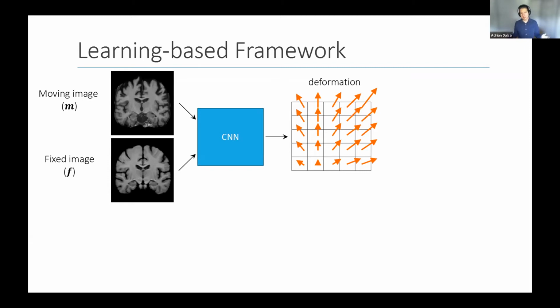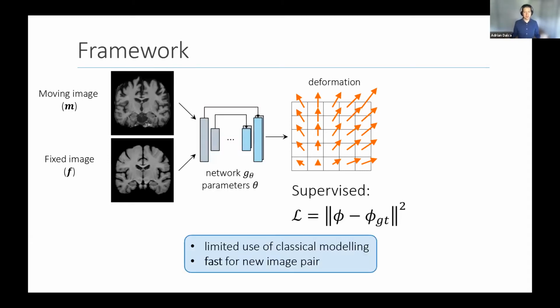So how do we train these black boxes? Well, usually we can do it in a supervised way, or at least that's how we knew how to deal with these things, right? So if we have some ground truth deformation fields, it's actually pretty easy to train one of these convolutions. We just take two images, we get the deformation field out, we say, no, this is wrong, this is what it should be, and the network adapts its weights.